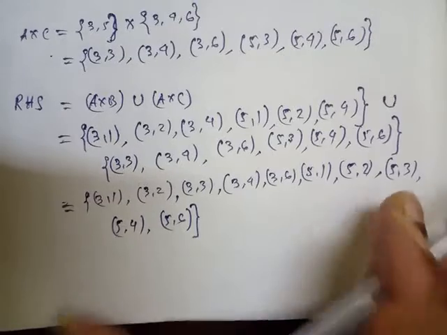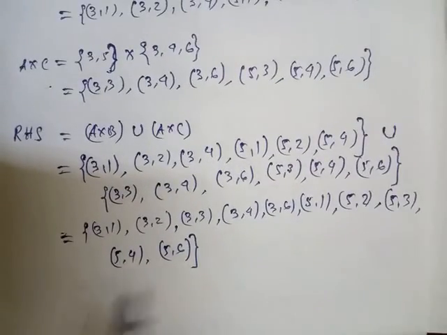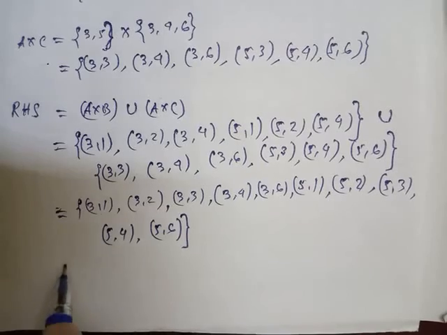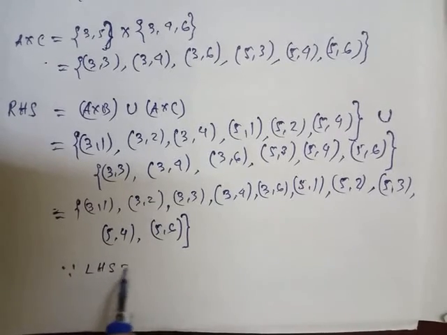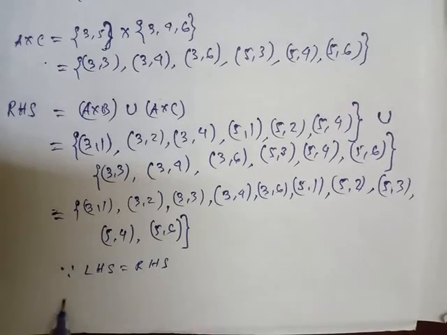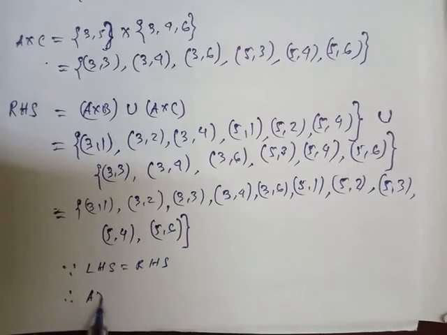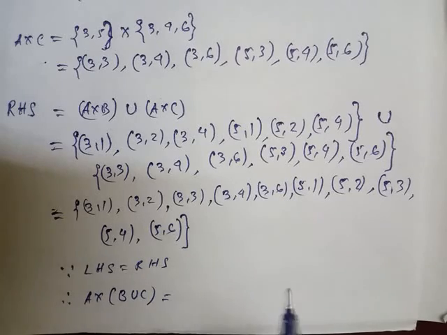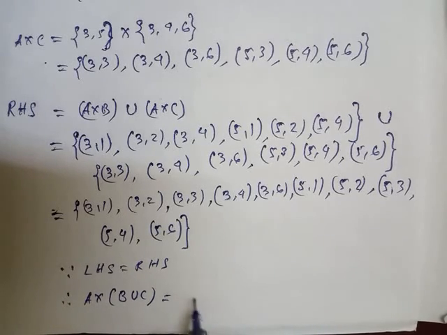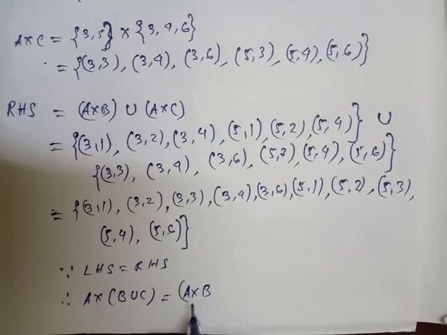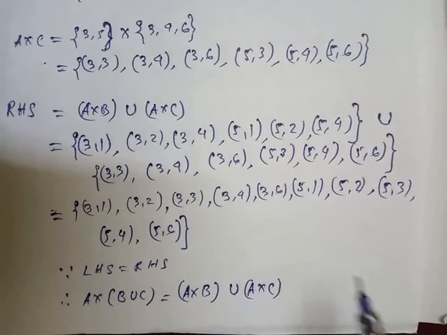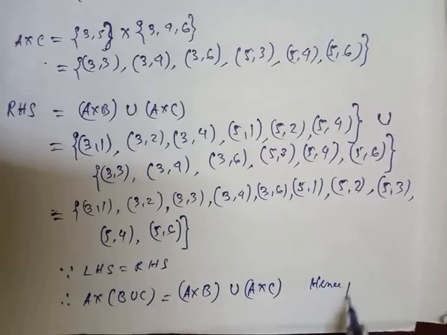So the last line we will write here that since LHS equal to RHS, therefore A product B union C equal A product B union A product C, hence proved.